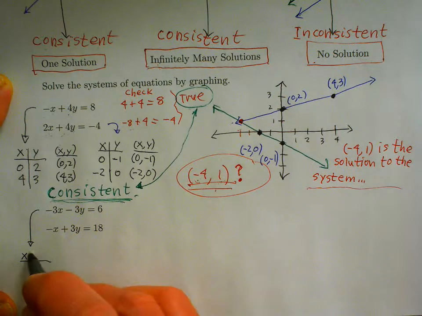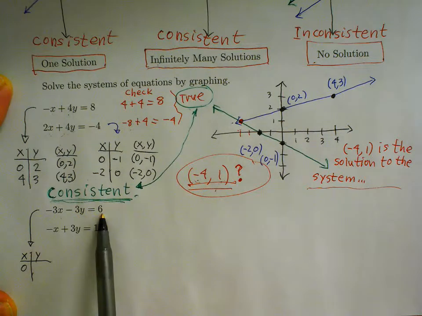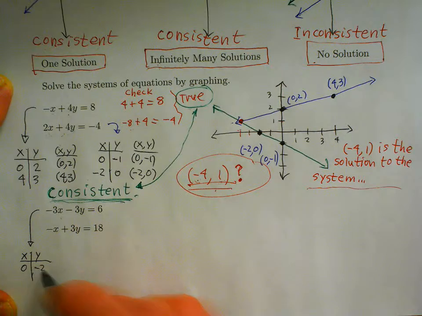So we want to find the ordered pairs of 2 points. Okay, so if we pick x to be 0, then -3y equals 6 means y is -2. So the ordered pair of that point is 0, -2 in parentheses.